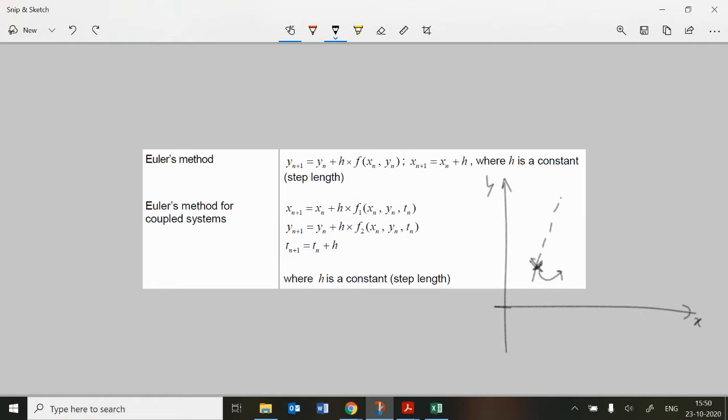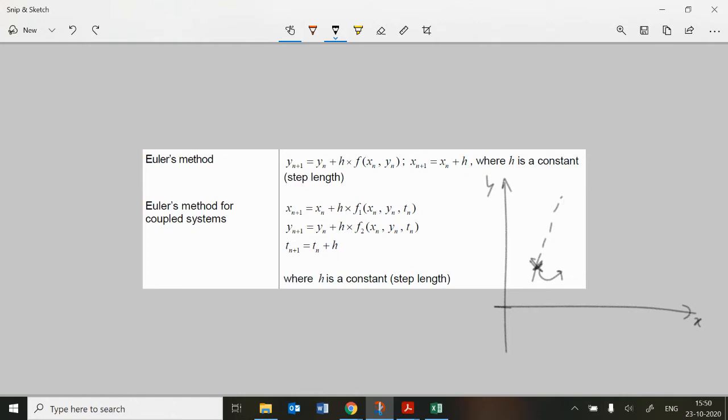And to find the new value of y, we need to times the gradient by the x value. So the x value is essentially the change in x. So times this value by the gradient, and it will give us the increase in height. So that's what we're going to need to add on.